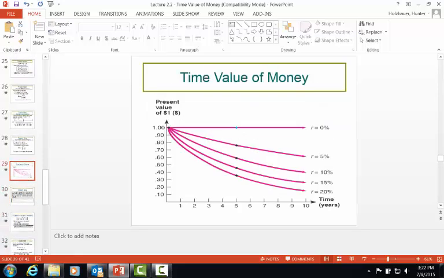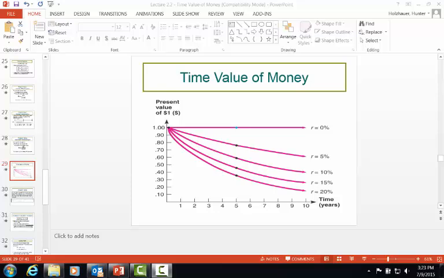So in this graph, the time value of money, this looks almost opposite of the graph I showed you before, which is that if I take different amounts of money on the y-axis and I discount them back over time, they're going to be worth more today, right? And that number would have to be much lower if I'm using a higher discount rate, right? So, for example, let's say that you could have $1 today.